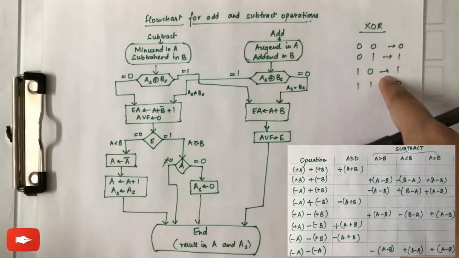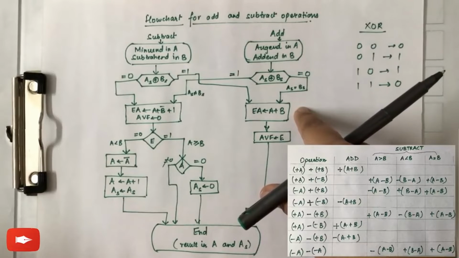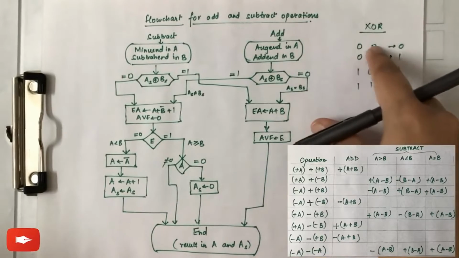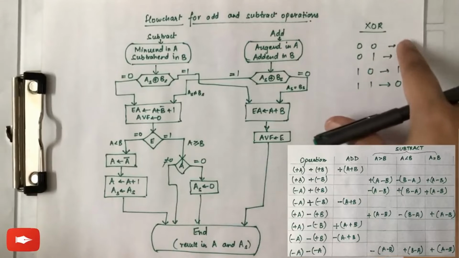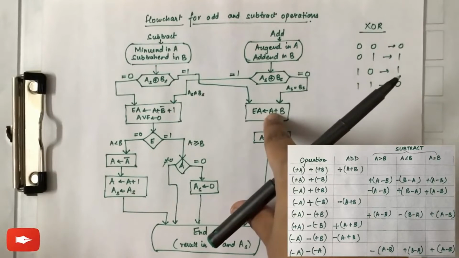Now if you see the previous video, for the addition operation, when the sign of the two numbers was same, that is the first and the fourth case, addition was performed. That is for 0 0 or 1 1, where the value of the XOR gate will be 0, addition is performed.